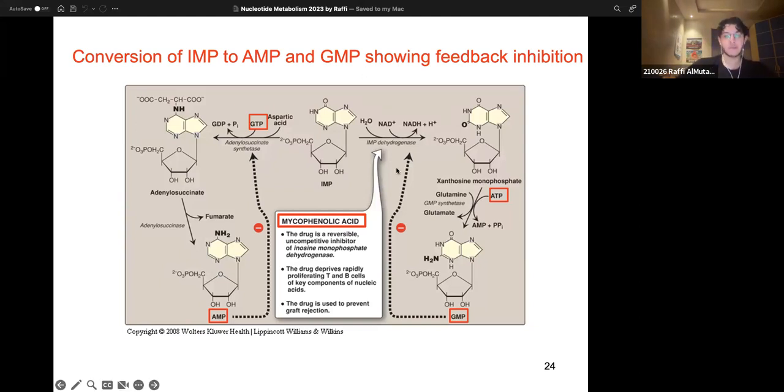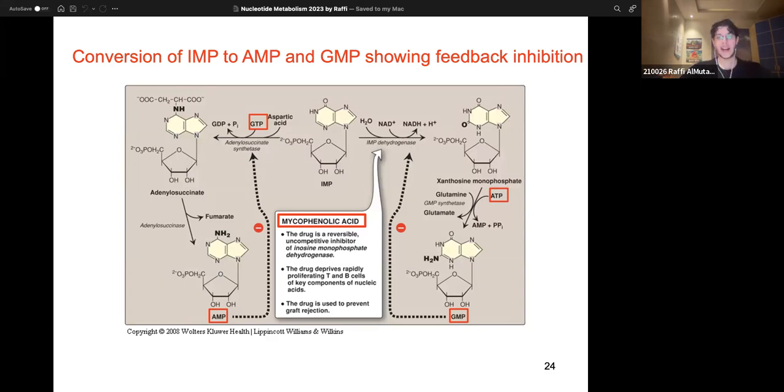Now, one thing I'd like to point out is I mentioned earlier how this lecture to me is great because you get clinical aspects and you get drugs as well as the basics. Now let's talk about the drugs. So the first drug we're going to talk about is something called mycophenolic acid. This can also be called mycophenolate. This drug is going to inhibit this enzyme right here. This is called IMP dehydrogenase.